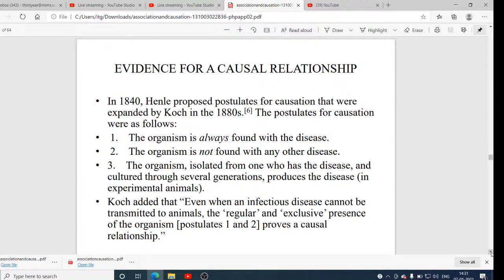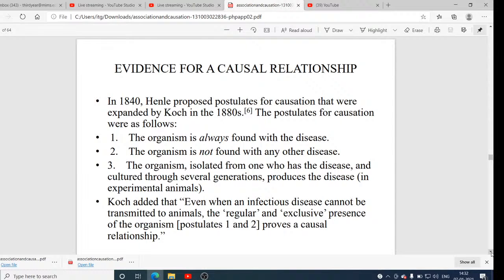The Koch's postulates for causation were as follows: the organism is always found in the disease. The organism is not found with any other disease. The organism isolated from one who has the disease and cultured through several generations produces the disease.